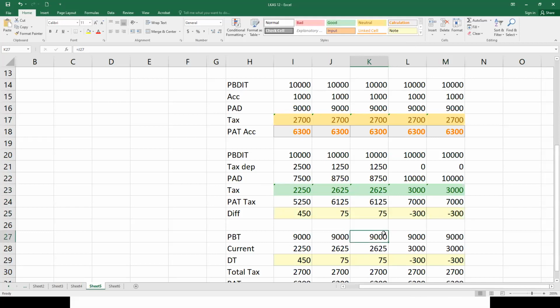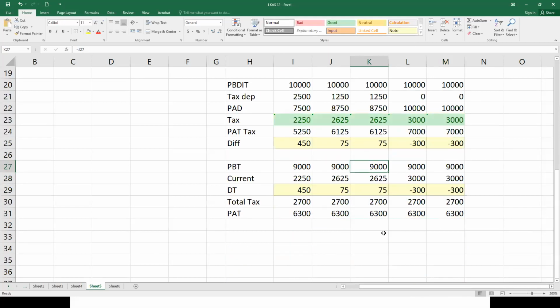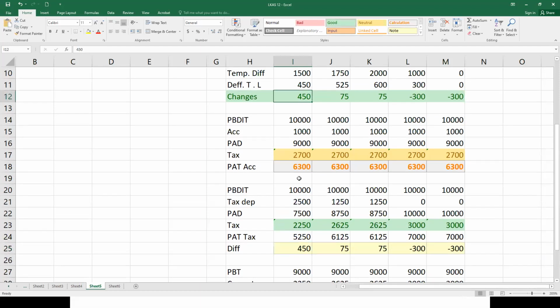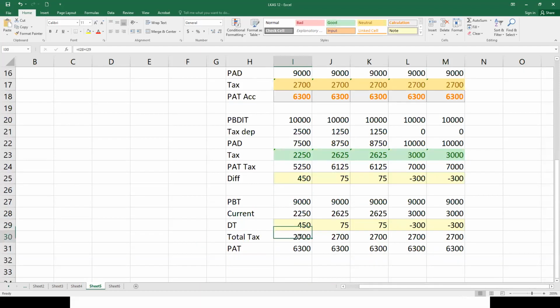Then we will learn how to pass the journal entries each year. This is the profit before tax based on the accounting treatment, and we have to pay the current tax, which is based on the tax rule. This figure is taken here, and the deferred tax we get here.